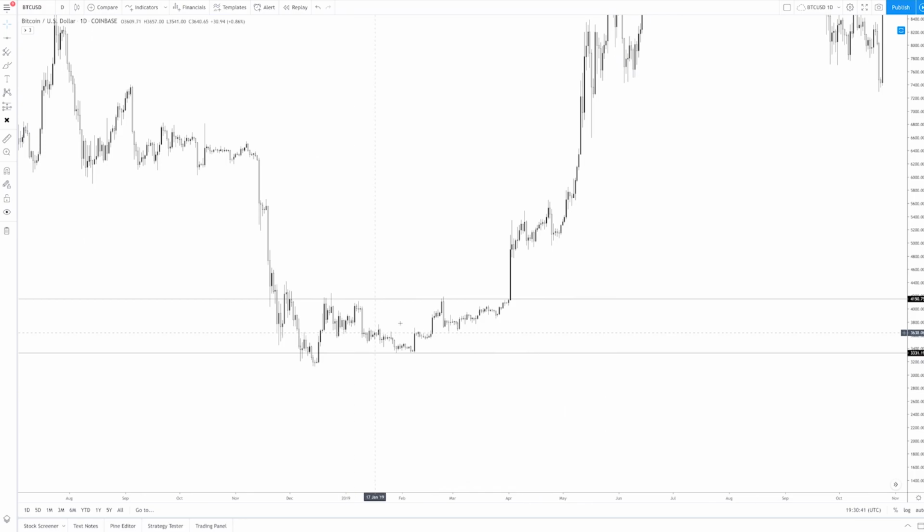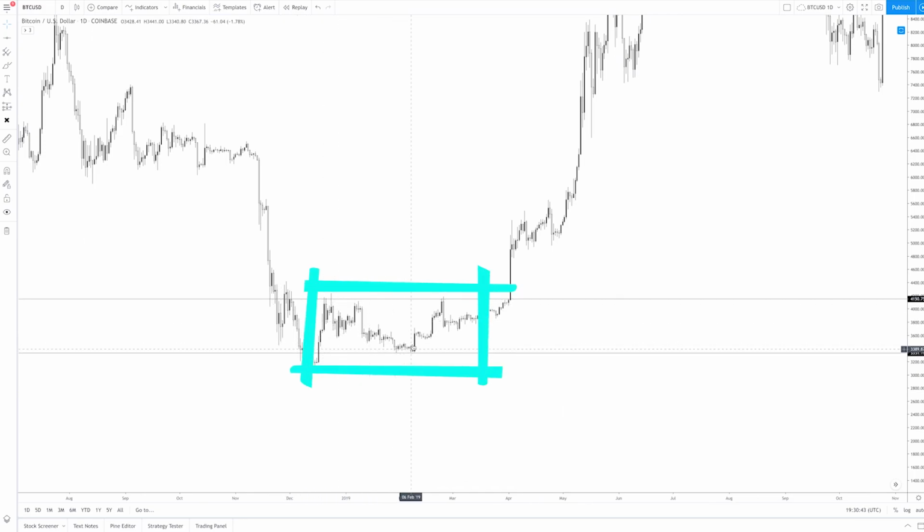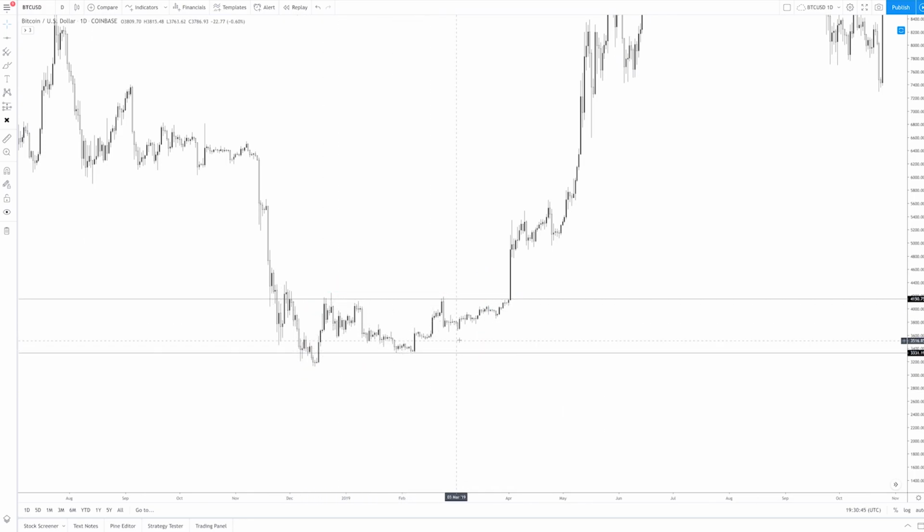As we notice here, this consolidation zone is getting tighter, and we can see that we have an uptrend developing right here.